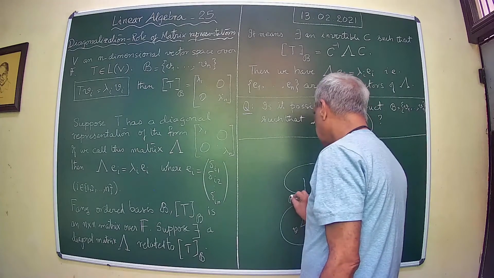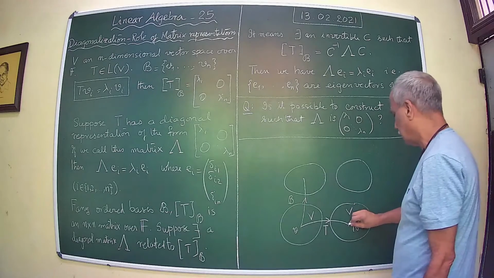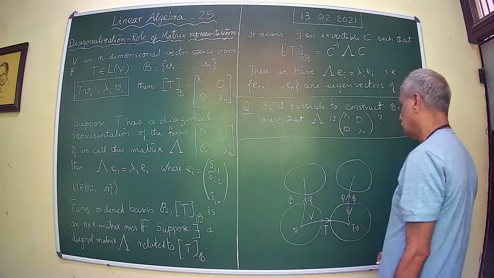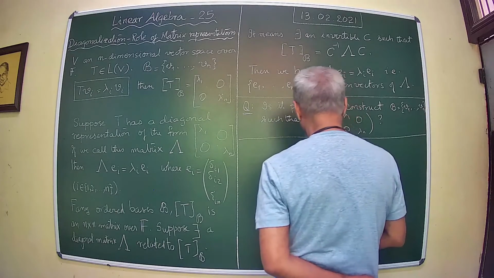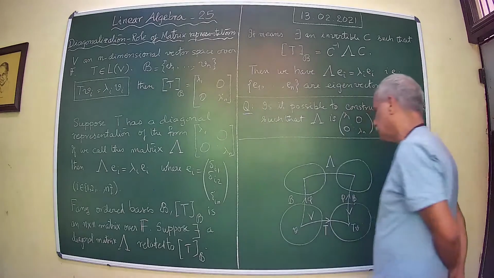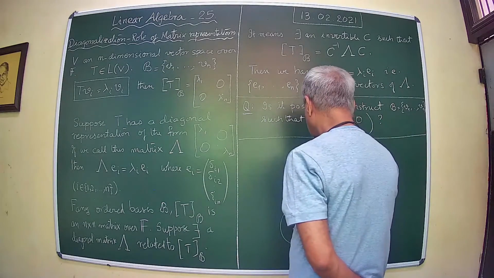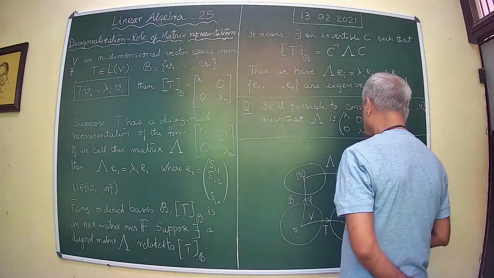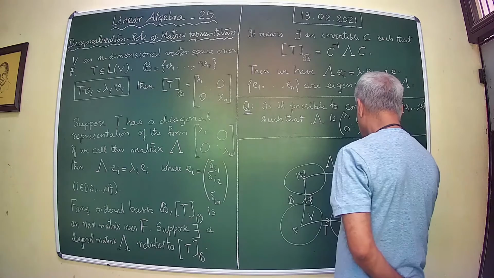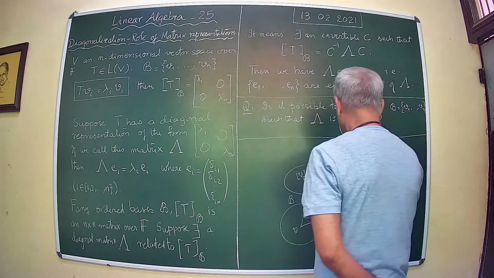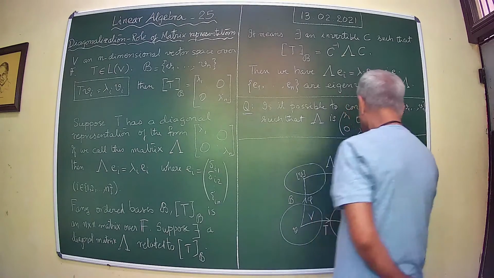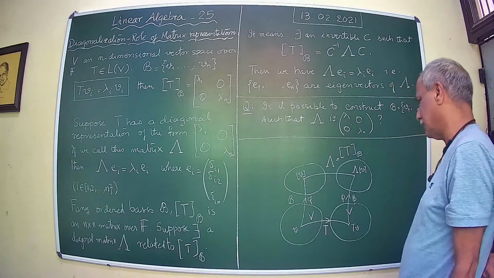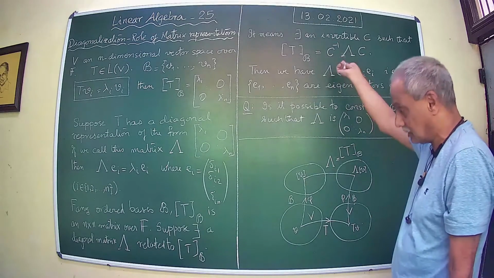We will just designate this by B itself, such that this is... so we are assuming that B itself does the job of diagonalizing, because we have assumed that there exists some ordered basis.